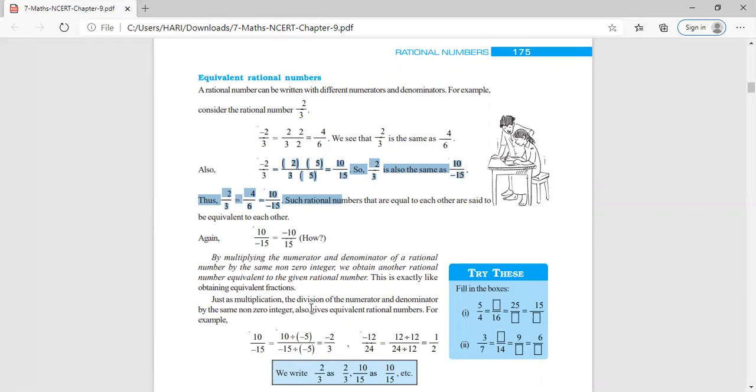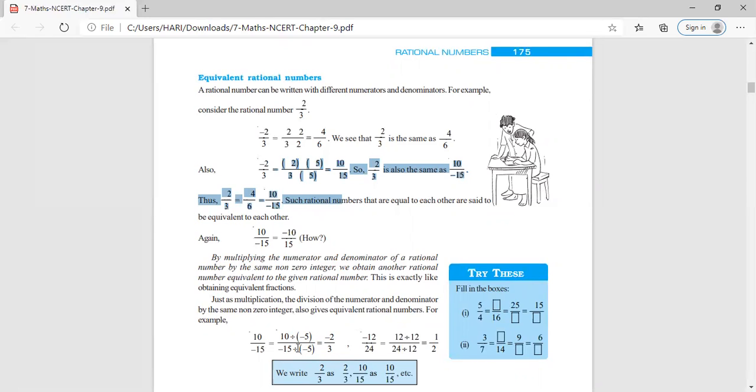Now, we will take the division. 10 by minus 15. Here both the numerator and denominator are divided by minus 5. 10 divided by minus 5 is minus 2. Same way, minus 15 divided by minus 5 is 3. Why? When we divide a negative number by a negative number, then the answer will be positive.